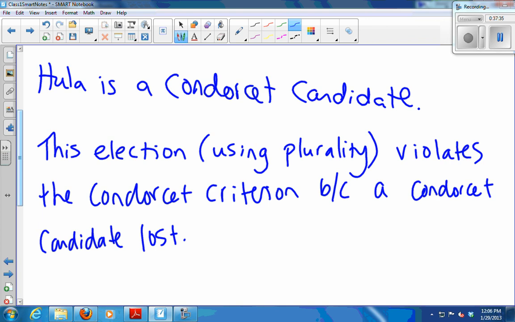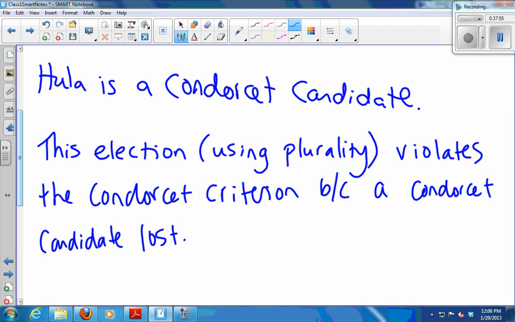You have a Condorcet candidate, and the criterion says that candidate should win. If that candidate loses, you violate the criterion. To clarify, we used plurality. Plurality said the Rose Bowl wins, yet the Condorcet candidate is Hula. That's a violation of the rule.